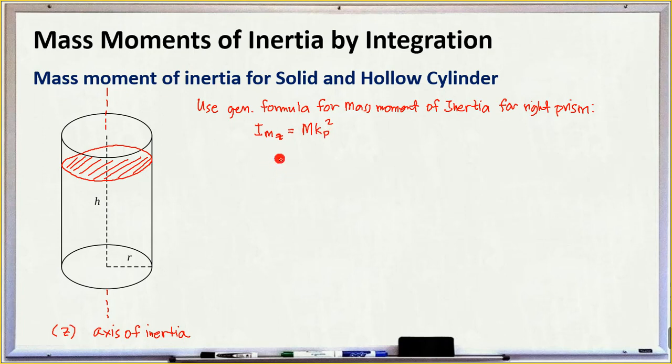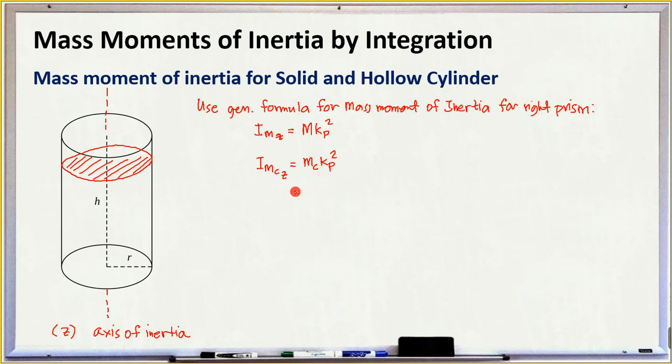Here our goal is to solve for the mass moment of inertia of our cylinder. So I_z, that is along the z-axis, is equal to the mass of the cylinder times its polar radius of gyration. So the problem here is to determine the polar radius of gyration.